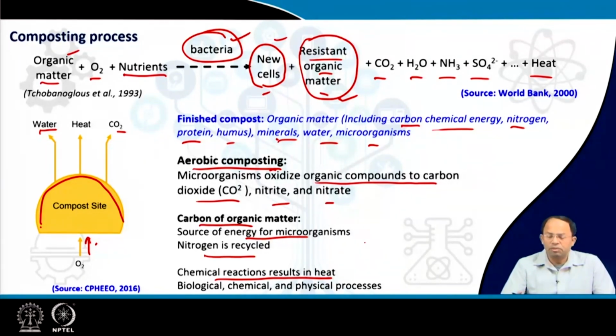That means these are materials which will not contaminate further. So that heat is important in that sense, but too much heat is also bad, too little heat is bad. So we say that we sanitize the compost because of this heating process. So biological, chemical, and physical processes all happen simultaneously during composting.